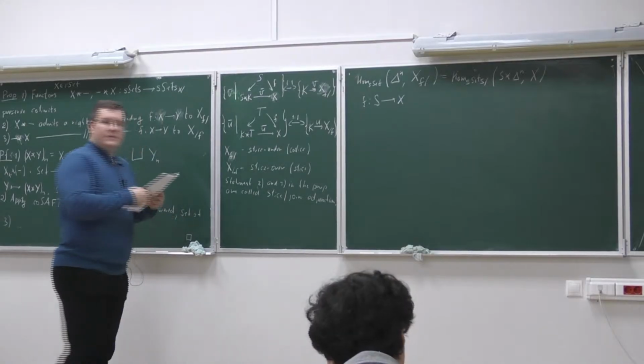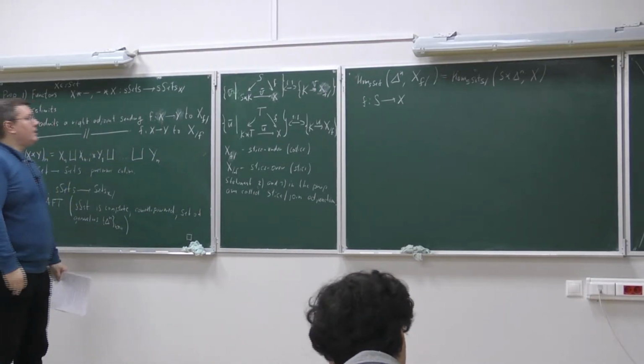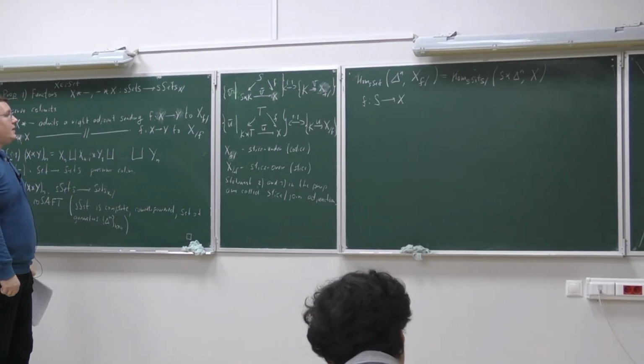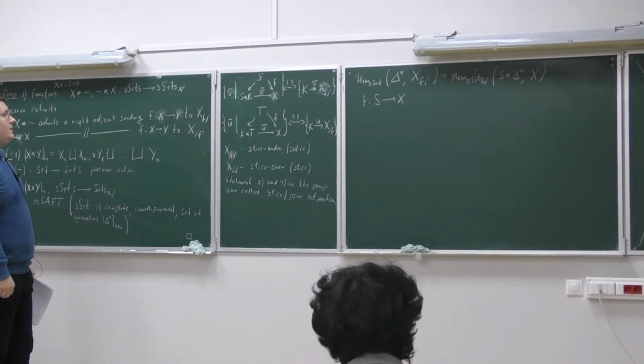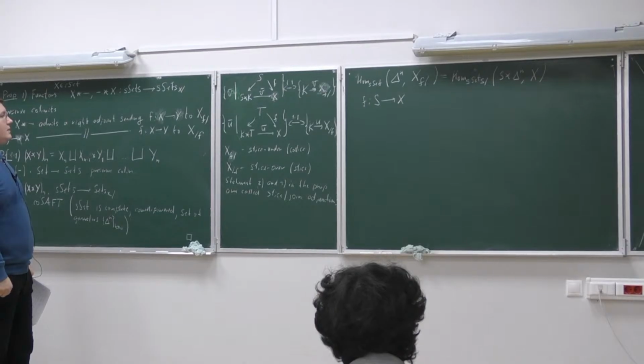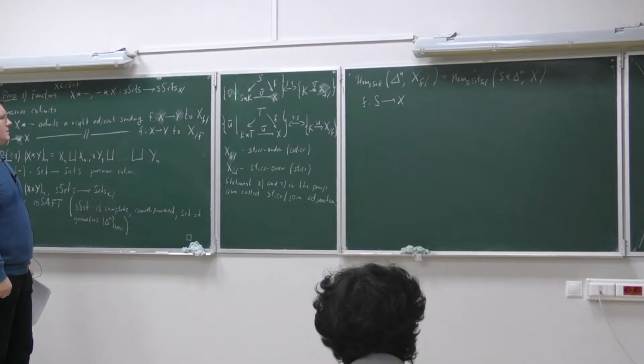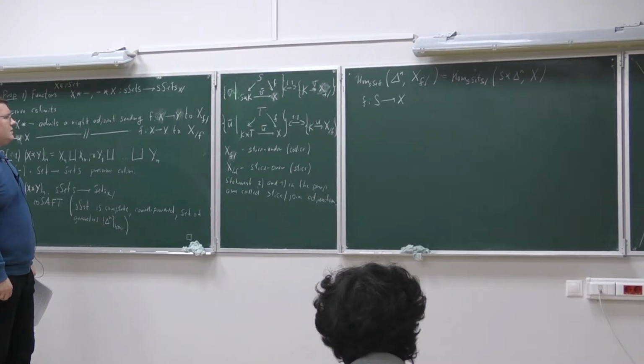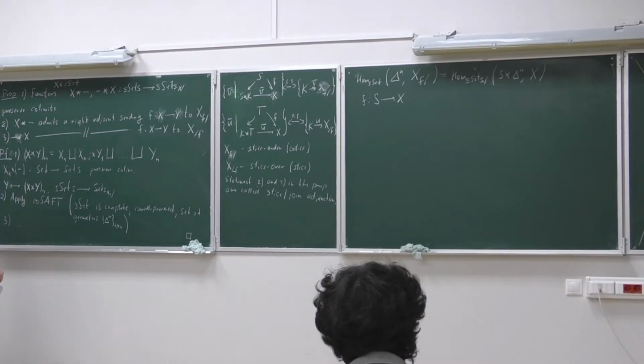For the first one, shouldn't it be S, F slash, because you wrote that an arrow F from X to Y goes to X, F slash, so the codomain should be written with the F and slash?